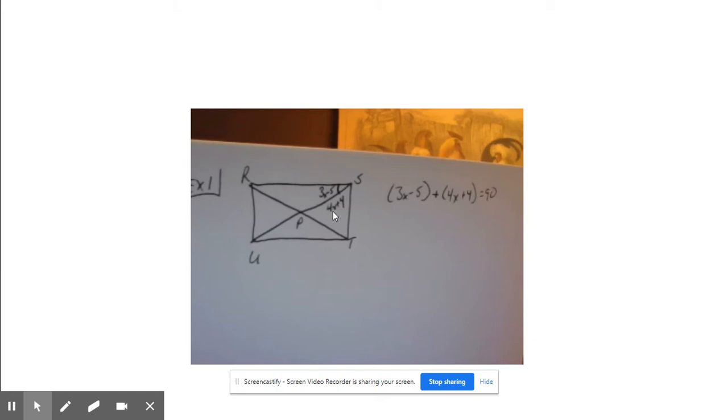UST is 4x plus 4. Now, I know that this entire corner is equal to 90 degrees. So half the battle, and really a majority of the battle here, is setting up the problem. If you get the problem set up, most of the time we're going to get the rest of it correct. So 3x minus 5 plus 4x plus 4 equals 90 degrees.